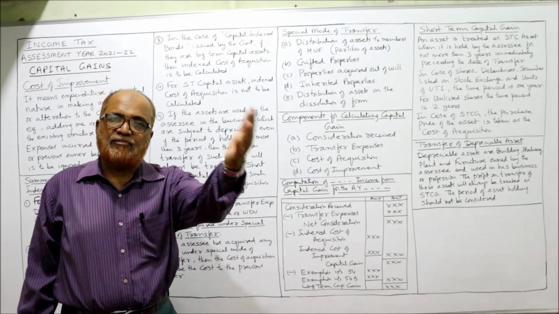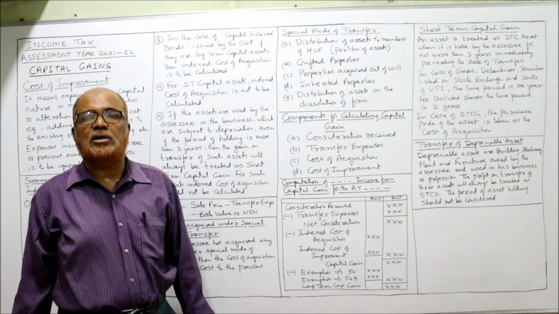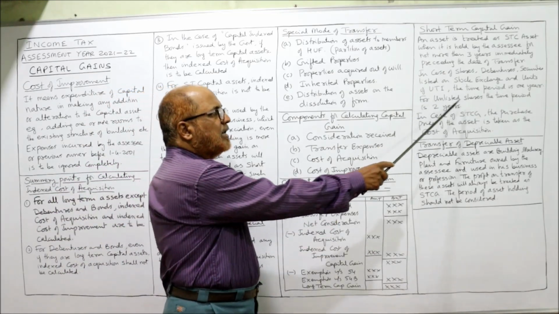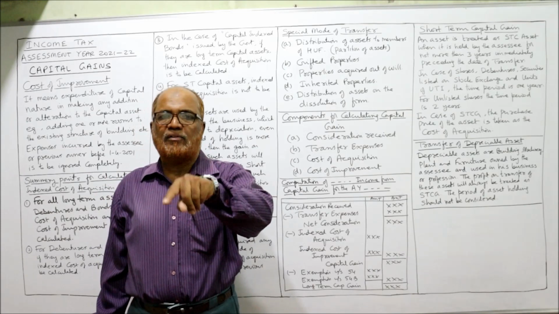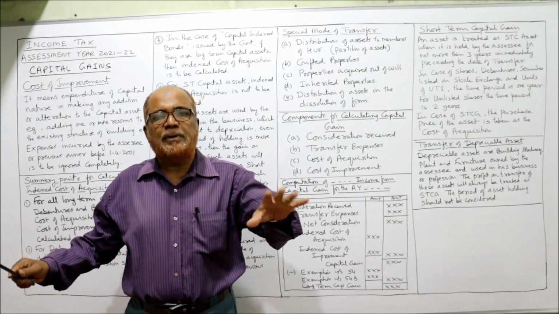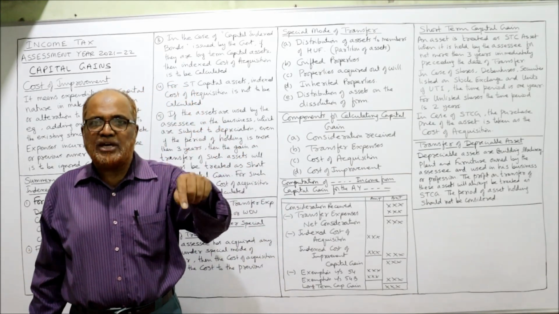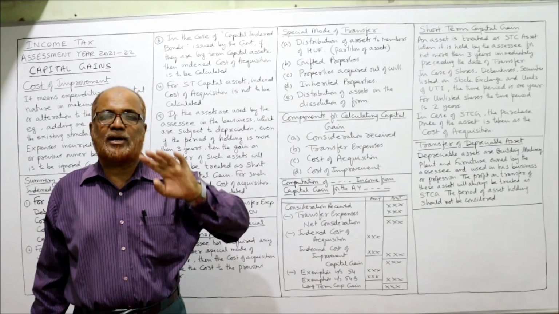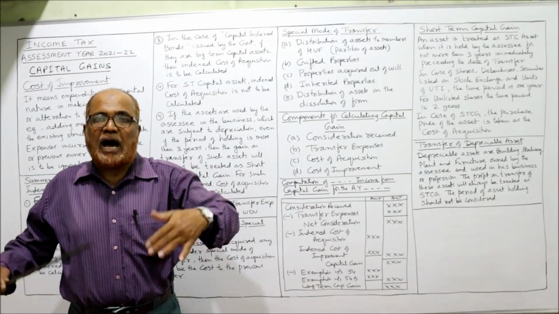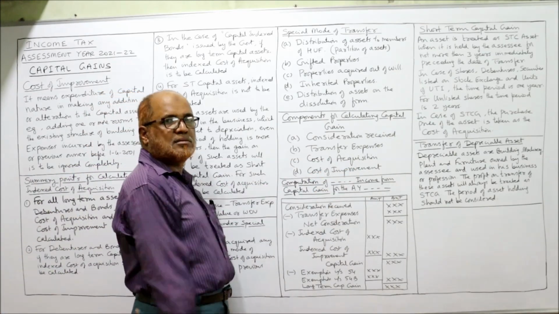If sold after 1 year, it is called long-term capital gain. For unlisted shares, the time period is 2 years. So 3 years, 2 years, 1 year. Normal time period is 3 years. For shares and units of UTI traded in a recognized stock exchange, it is 1 year. For unlisted shares, it is 2 years.